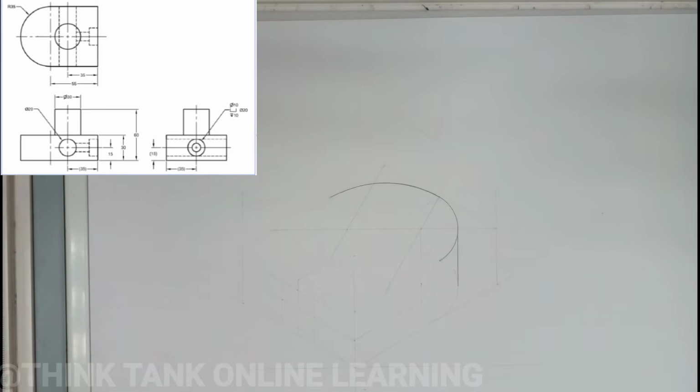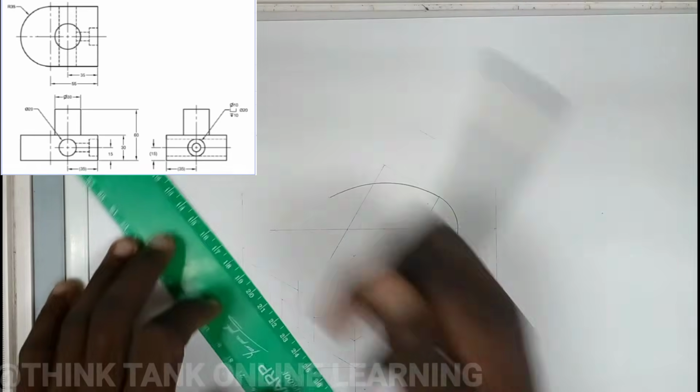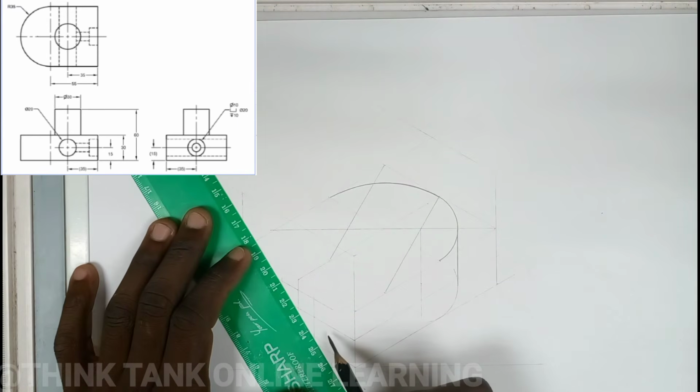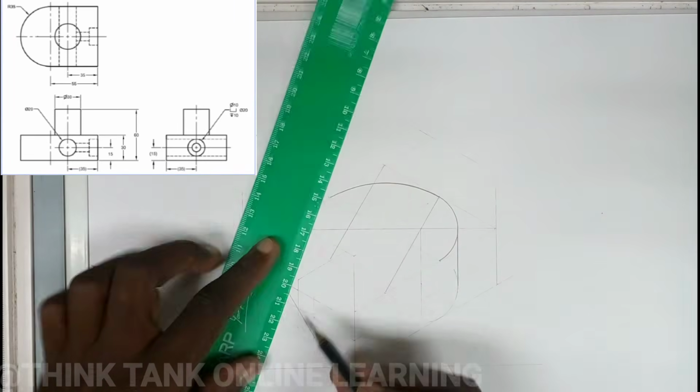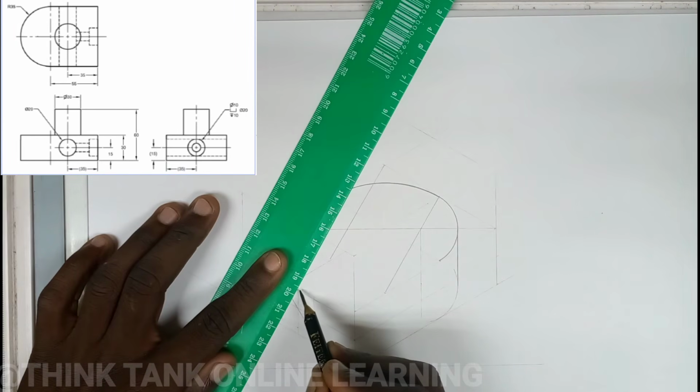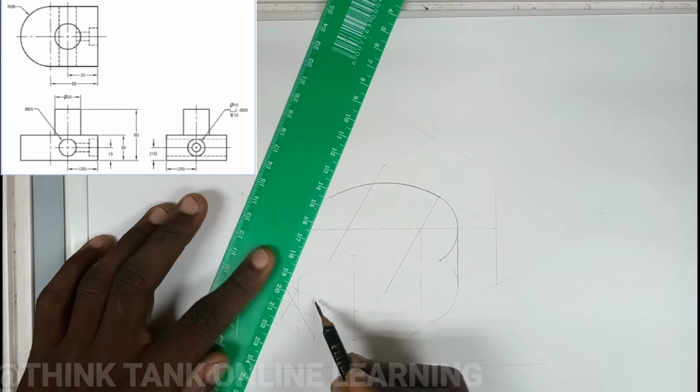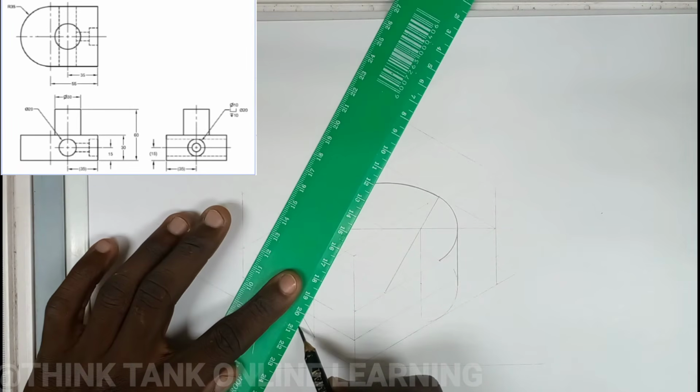Now we're going to repeat the same process. We're going to join the longest diagonal. This is the longest diagonal. Then we join this point and this point, and this point and this point.